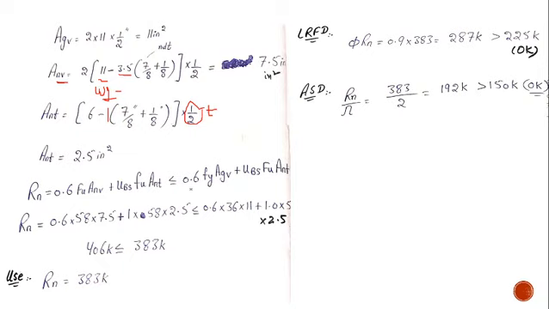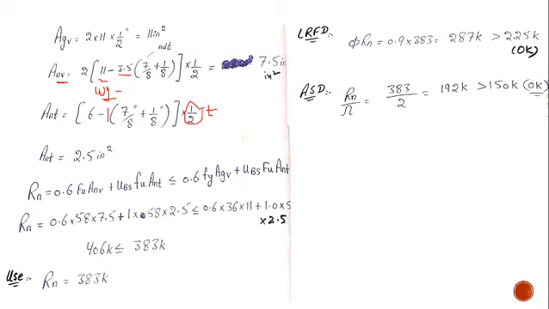I'll use this formula and simply put the values. 0.6 into 58 into A and V, which is calculated here as 7.5. And then UBS is given, in this numerical it is 1. FU is 58 and T is 2.5.